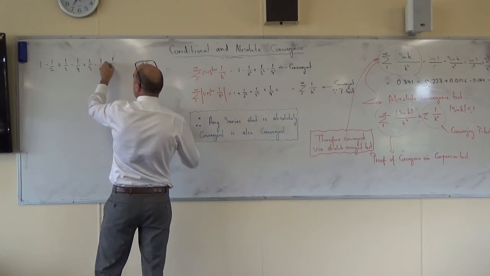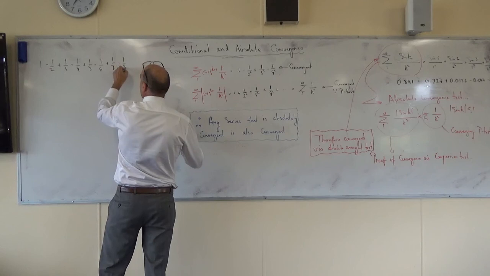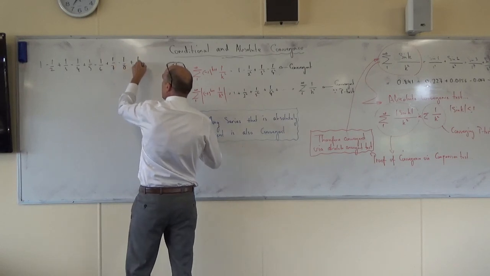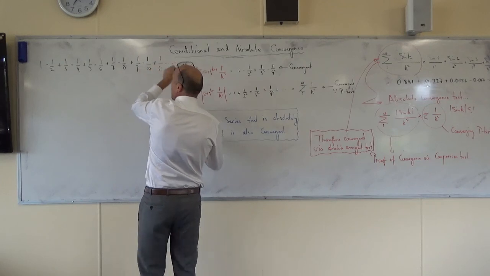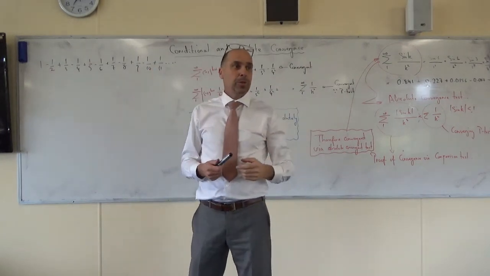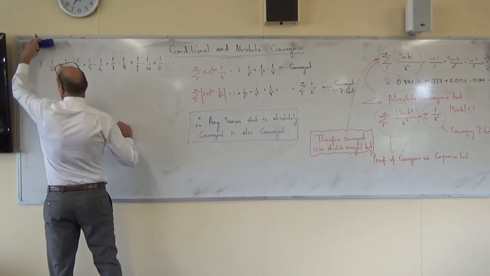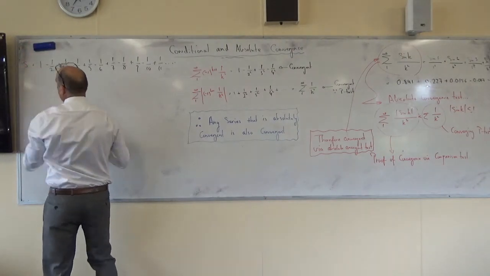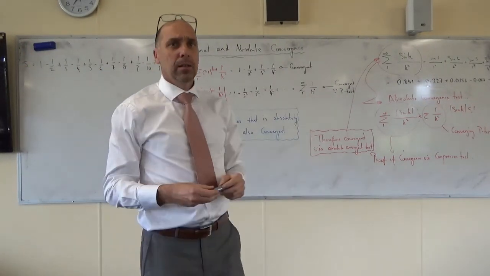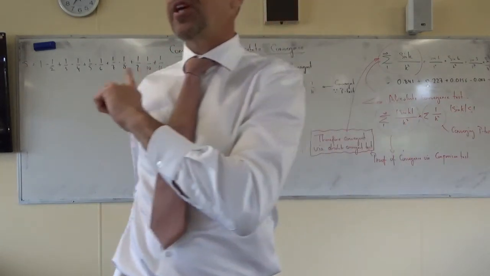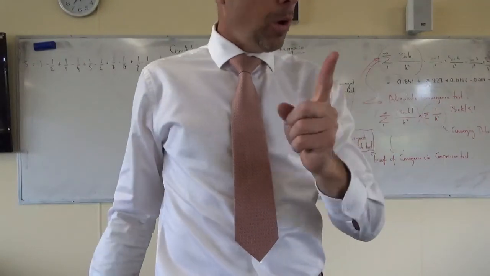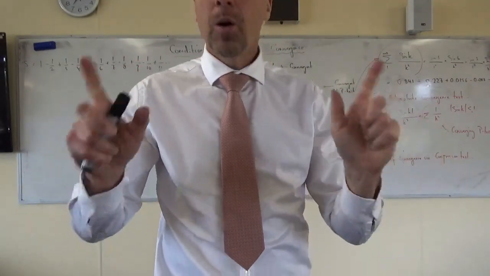Plus 1/7 minus 1/8 plus 1/9 minus 1/10 plus 1/11, and so on. Agreed? Guess what that's equal to? That's equal to S. What sort of series is that? It's an alternating series. We also know that particular series is a conditionally convergent series. Agreed? Watch this.